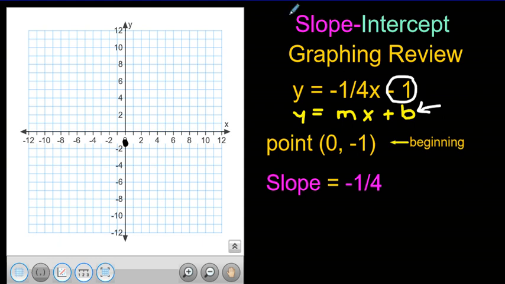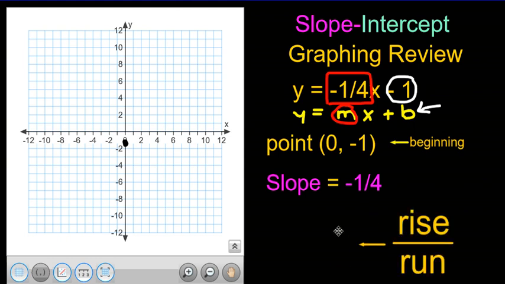And then the m value, this m value right here, is actually your slope, which in this case is -1/4. That is actually your rise over run, -1/4.